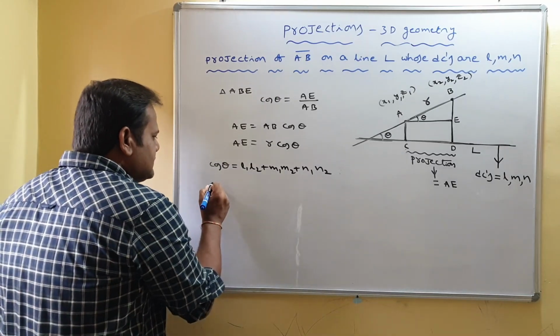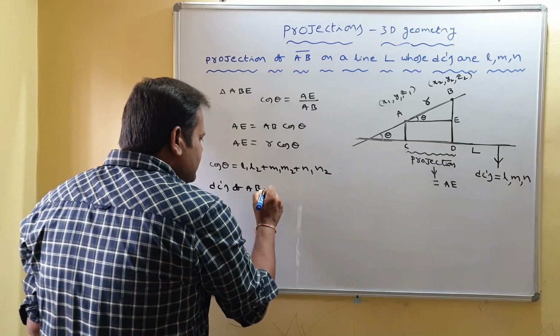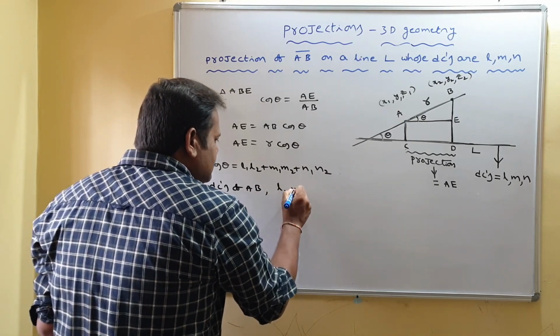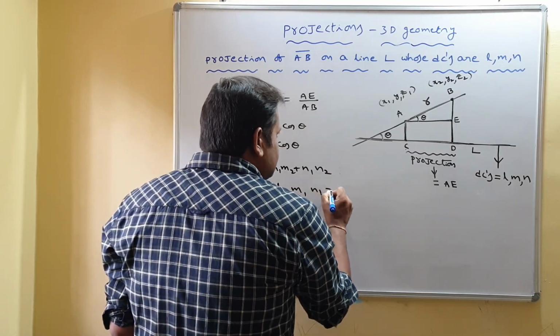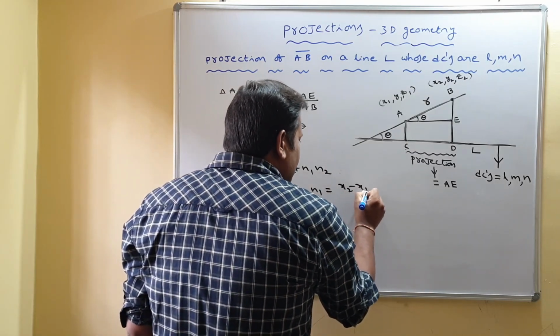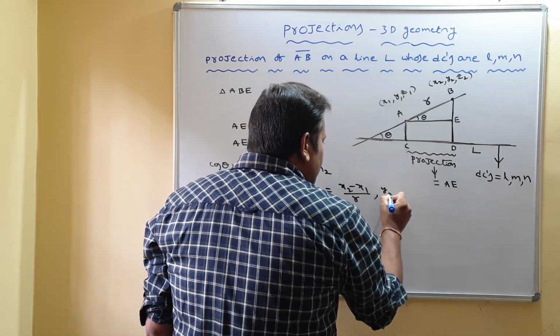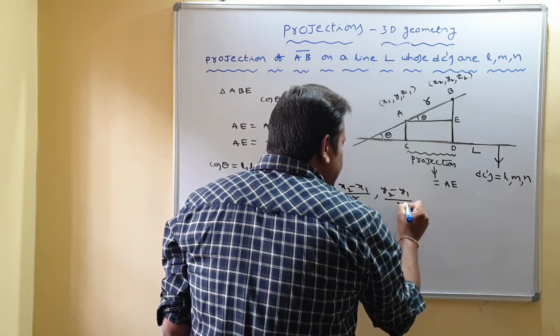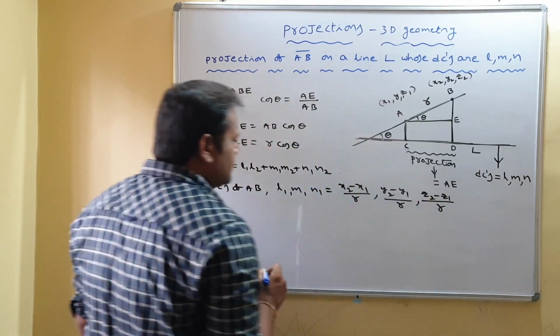The DCs of AB we take as l1, m1 and n1. That is x2 minus x1 by AB, which is r, y2 minus y1 by r, z2 minus z1 by r.